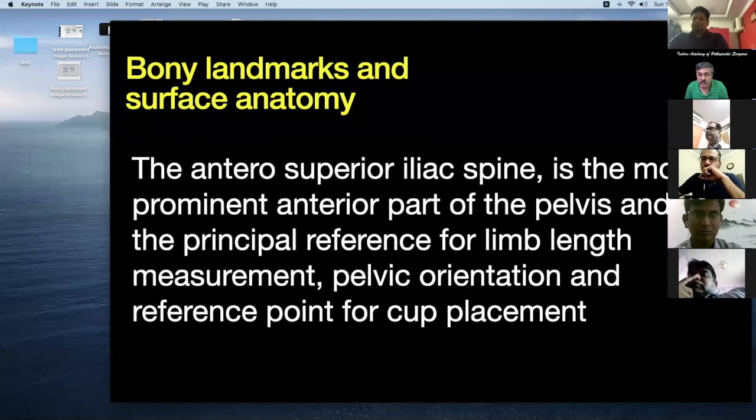The anterior superior iliac spine is the most prominent anterior part of the pelvis and is the principal reference for the limb length measurement, pelvic orientation, and reference point for the cup placement. This is very, very important.